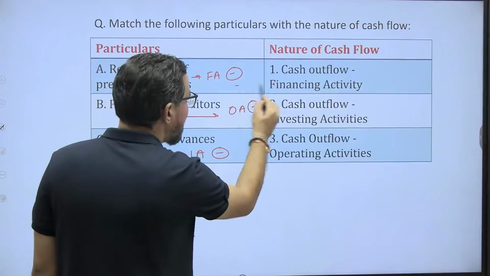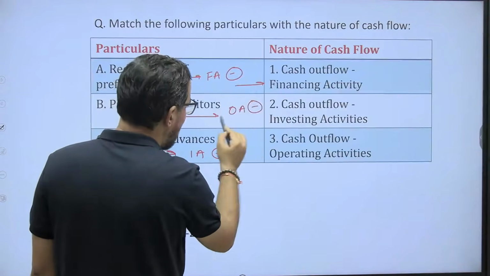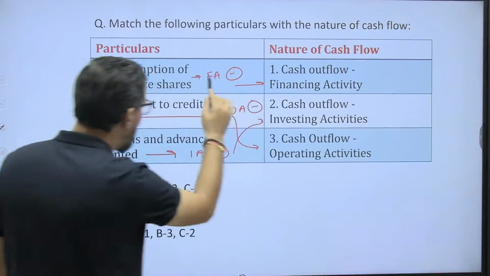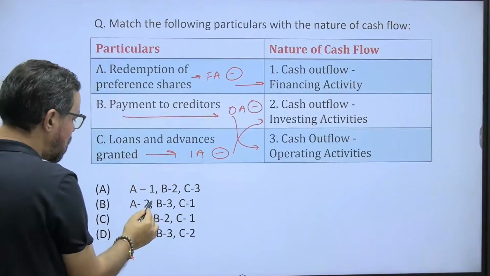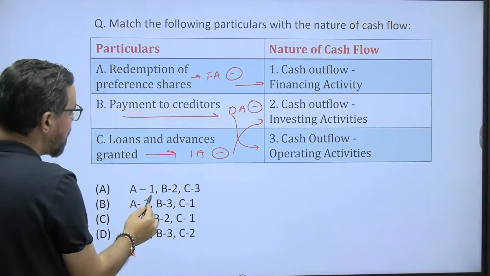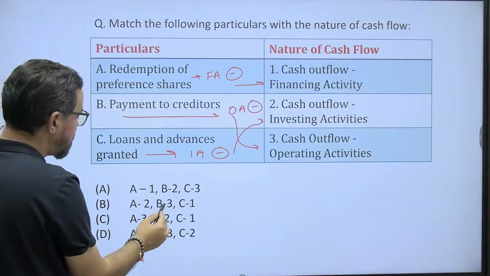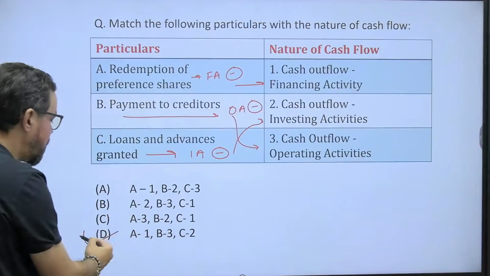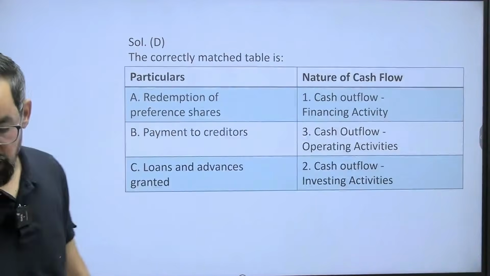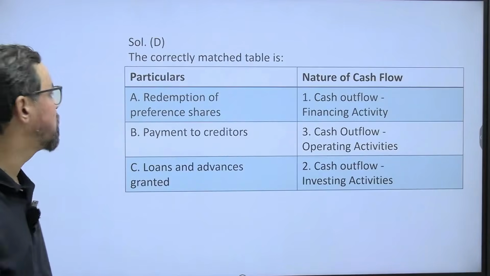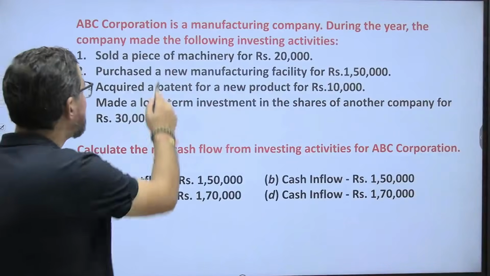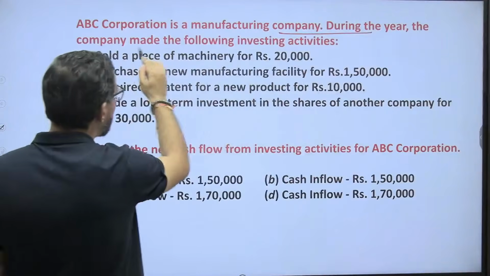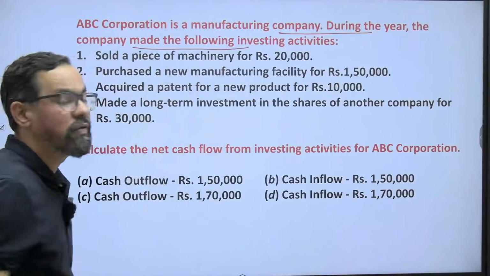So D will be the right answer for this particular question. Next one. ABC Corporation, a manufacturing company, during the year the company made the following investing activities.